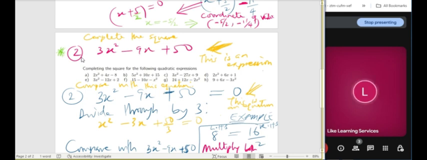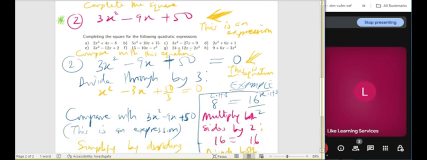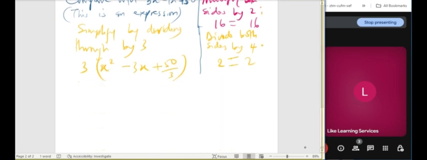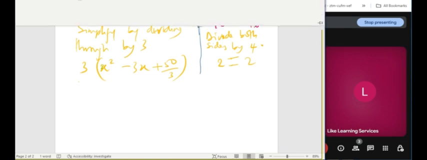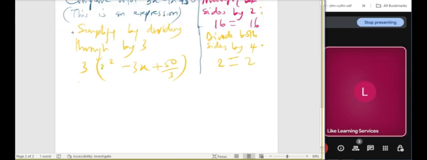We have to complete the square. And I said to simplify it, divide through by 3. You even suggested it. So we've done that. I just wanted to remind you that you don't throw away the 3, because it's not an equation. After that, what do you do next?